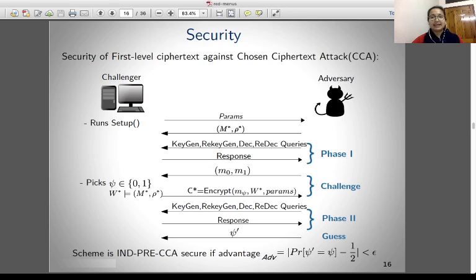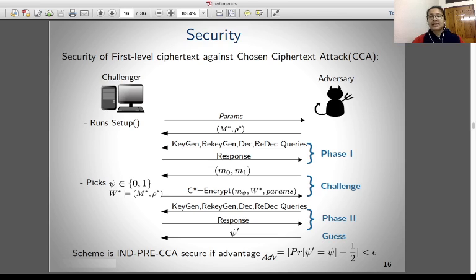This is the game based security game which is played between two entities, the challenger and the adversary, where the goal of the adversary is to break the scheme and the goal of the challenger will be to break an underlying hard problem with the solution of the adversary. So the game proceeds as follows. First, the challenger is going to run the setup algorithm, generate the public parameters and send them to the adversary. Now the adversary is going to generate a target access structure and send it to the challenger.